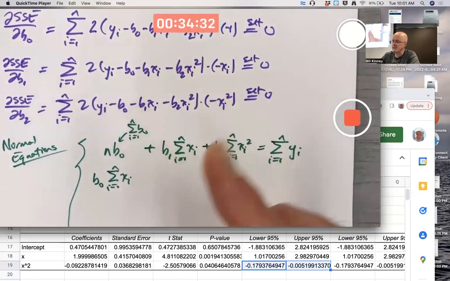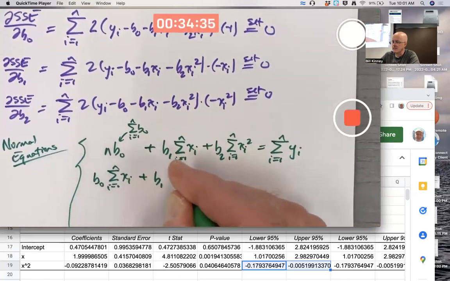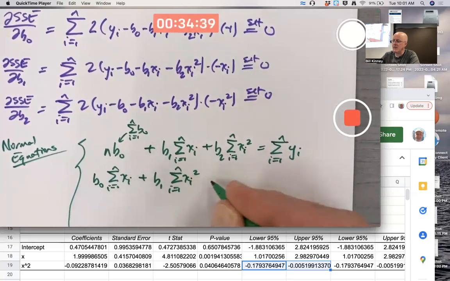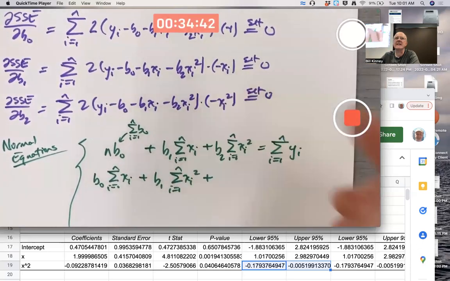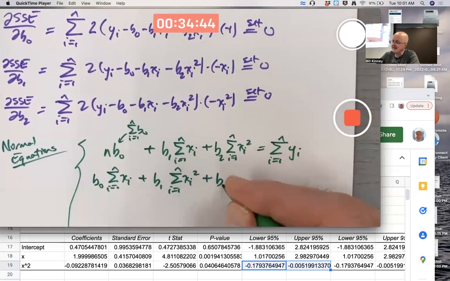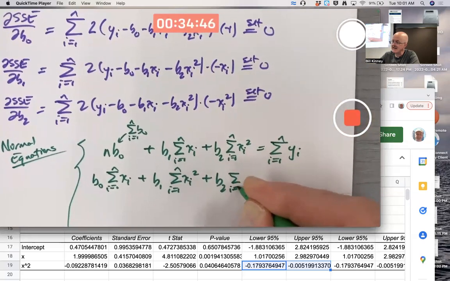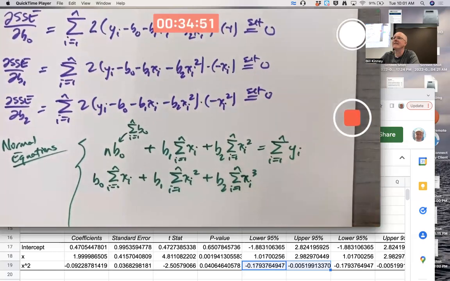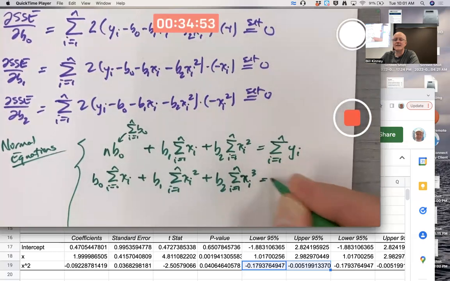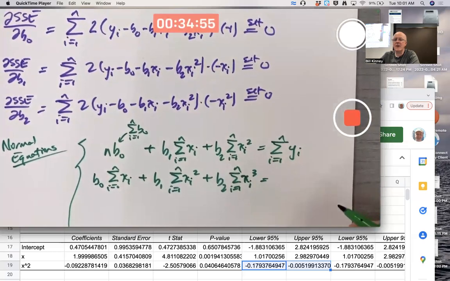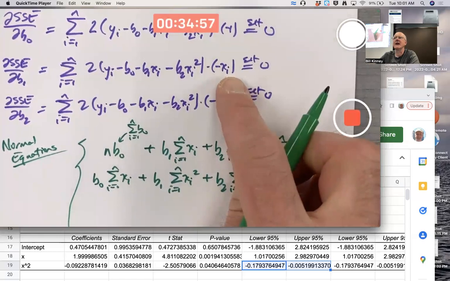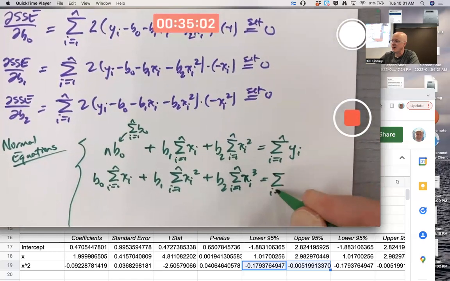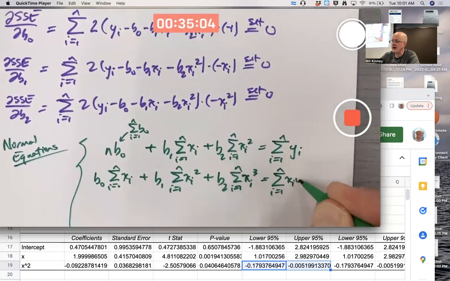That gets brought through. And with the B2 term, there's an xi cubed. Oh, and sorry, it's unavoidable. The y term also has an extra factor of x, and again is brought over to the other side as a positive. Sum of the products of xi times yi.